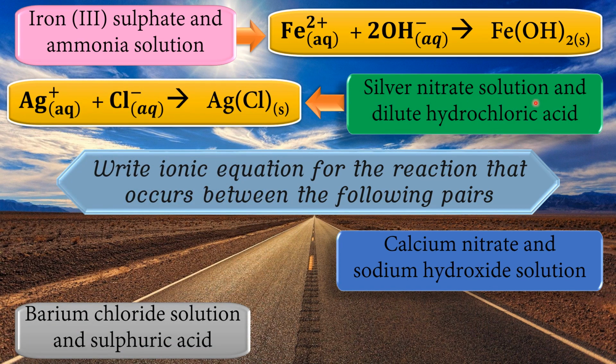Silver nitrate solution and dilute hydrochloric acid. Silver nitrate solution will provide the silver ions, Ag+, in aqueous state, and the dilute hydrochloric acid will provide the chloride ions. Chloride ions will react with silver ions to form silver chloride, and silver chloride is a precipitate. That's why we write a solid.